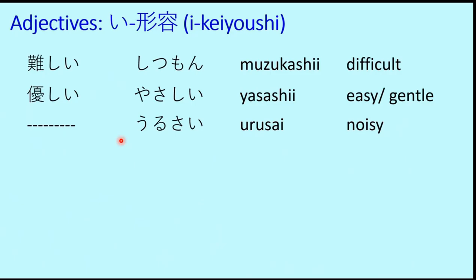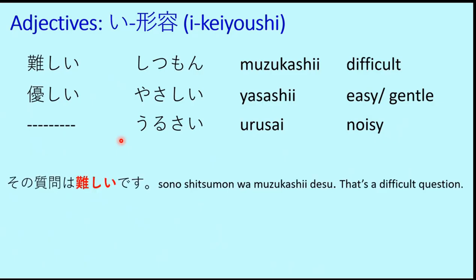So we have excluded that from today's lesson. We will discuss it later. Here, just remember that yasashi is for a gentle or easygoing person. It is the opposite of muzukashi, which means a difficult person. Urusai, noisy. Now let's look at three examples, the last of this lesson.